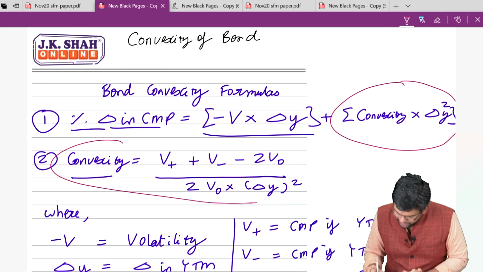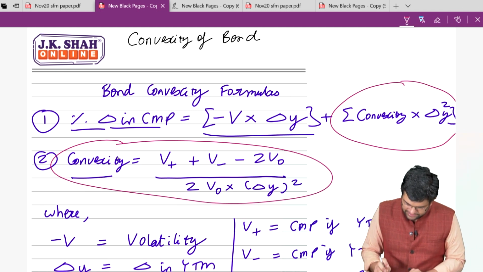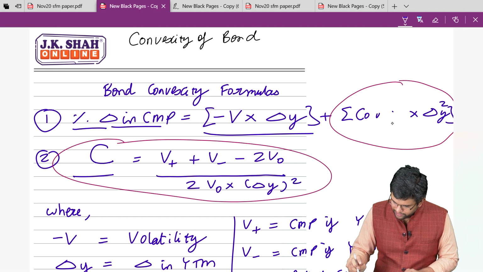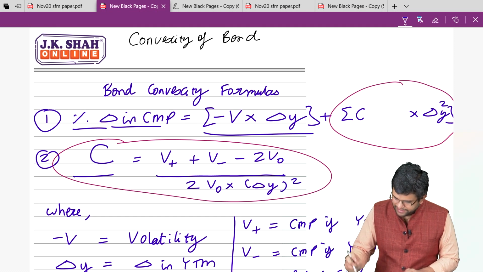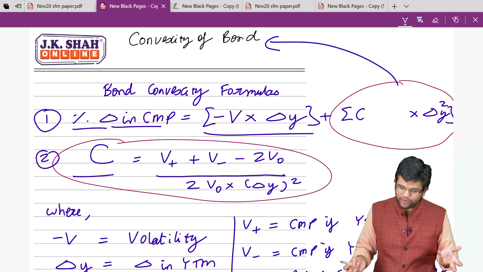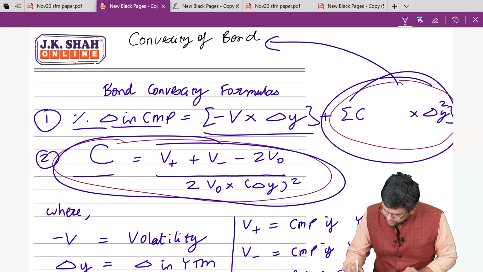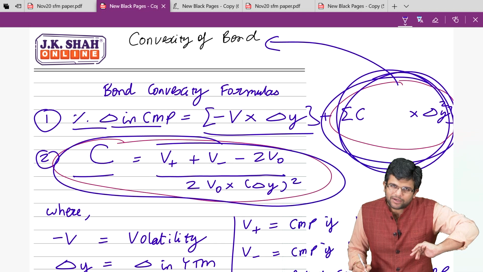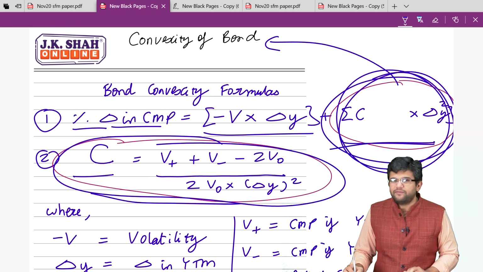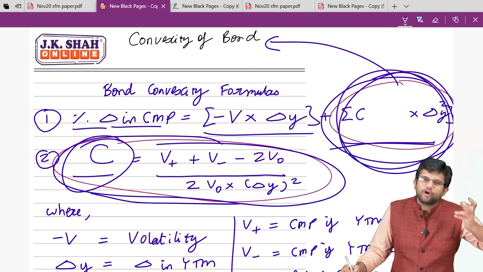Don't stop here. So children, what ICAI does is, this convexity, it names it as capital C, and therefore here it writes down capital C into delta Y square is the convexity of the bond. For me, children, this is the convexity and this particular circle is the convexity impact. Convexity is this formula and the upper one here is the convexity impact, where you simply take the convexity and multiply by delta y square.